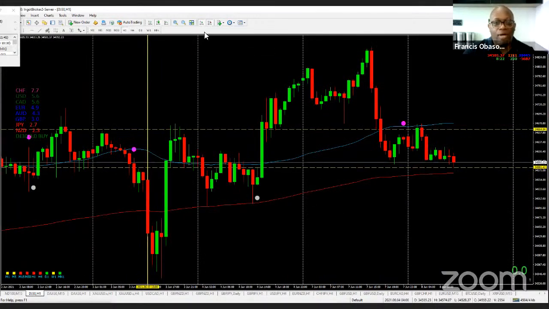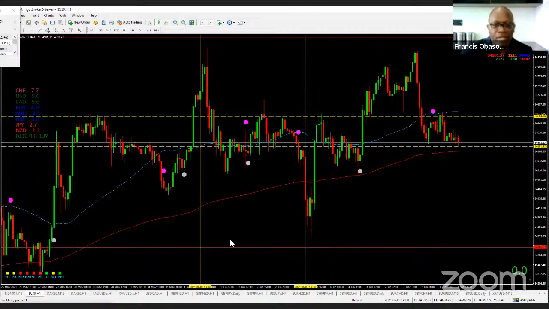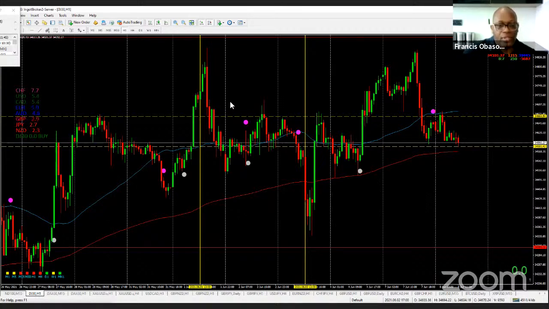So assuming we got in the trade kind of like here, I've switched over to the 1 hour time frame. It would have played out, assuming you got in on this day, you would have gotten your results by this day. That's 2 days after, because each of these columns represents 1 day.